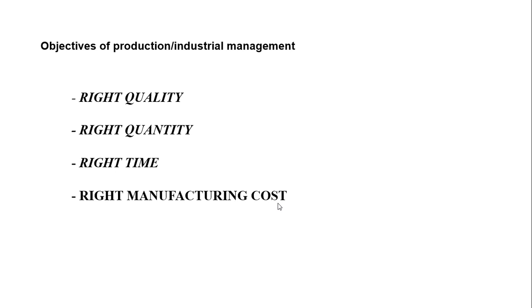Finally, right manufacturing cost, to plan a cost, and the planned cost, as we mentioned, is before your production. So the planned cost and the actual one must match each other. The deviation between them must be very low, not high.